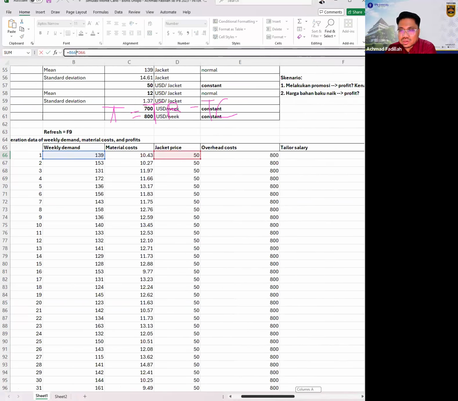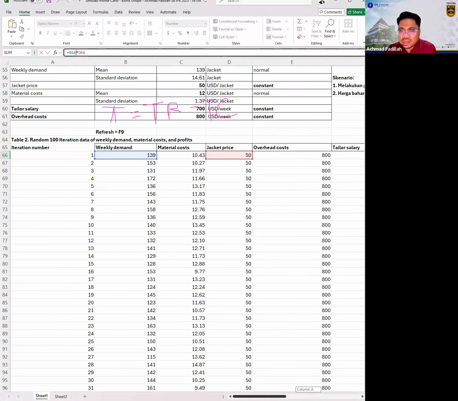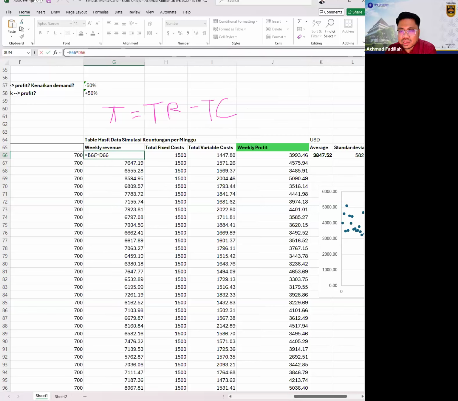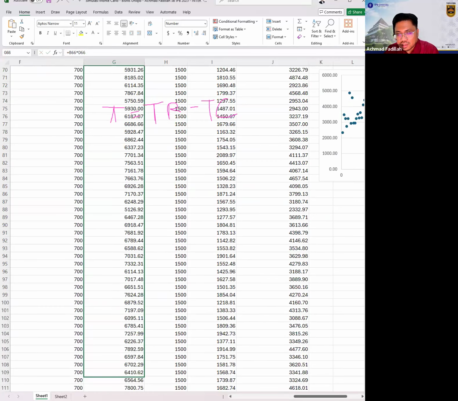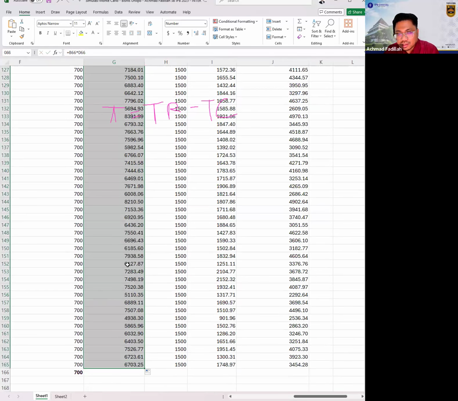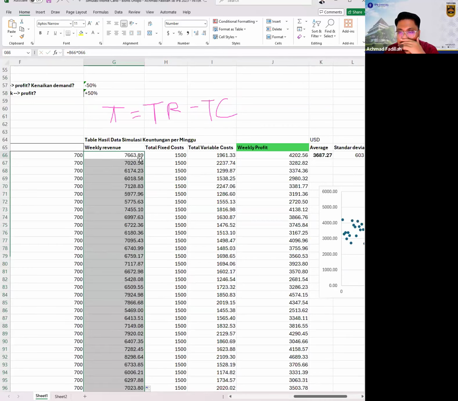So this will be P times Q, where Q is the weekly demand times the price. Just like this, and then you can drag to the bottom, and voila, make this one time and drop to the bottom.